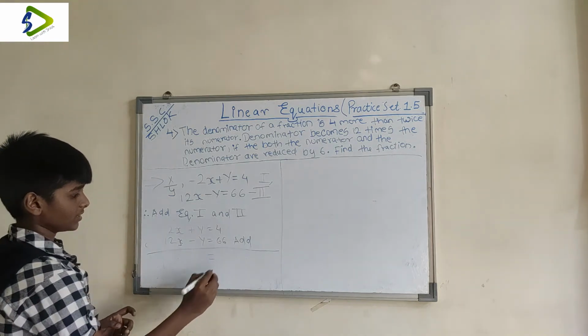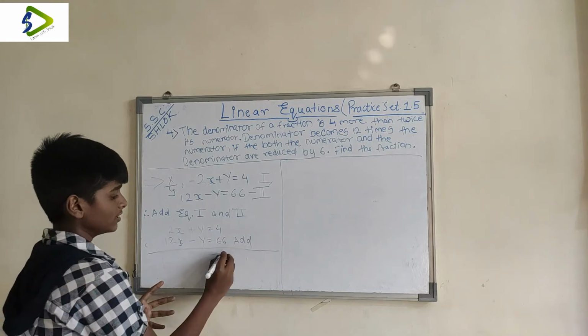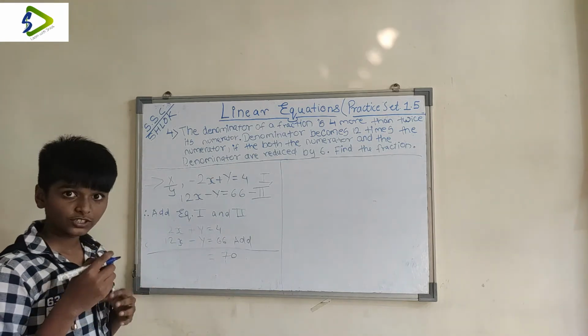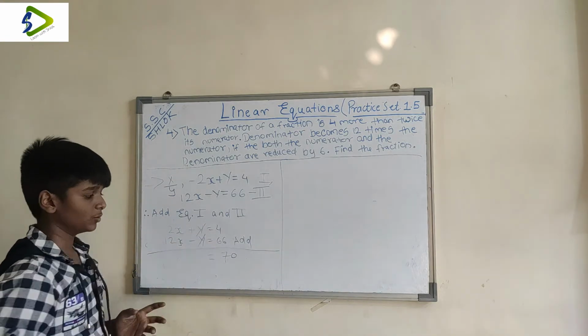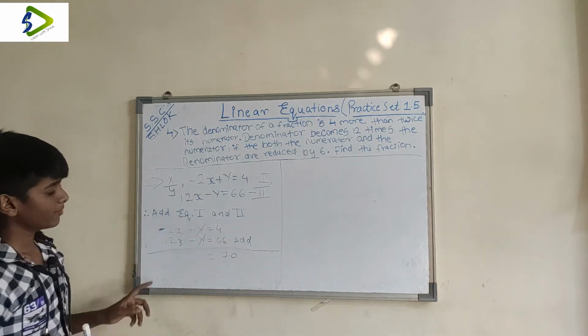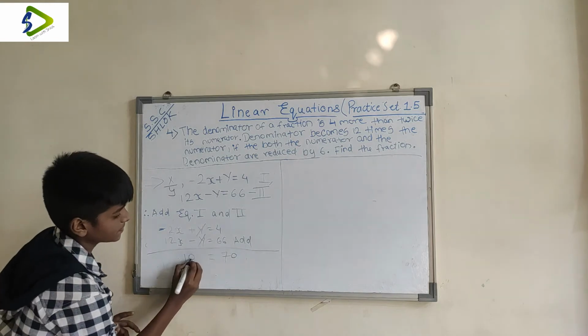Positive 4 plus 66 is 70, and plus y and minus y cancel out. Minus 2x plus 12x is 10x.